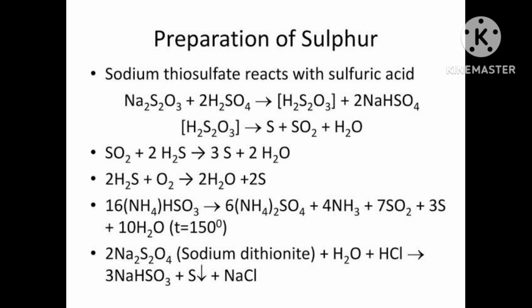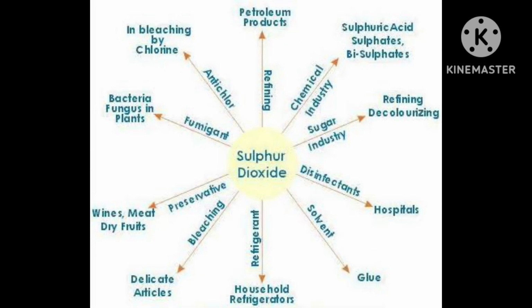Now I will tell you about sulfuric acid, how it is manufactured. This is very, very important. It is manufactured by the contact process. They will ask the name of the process.